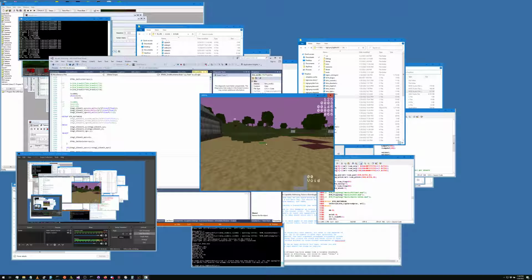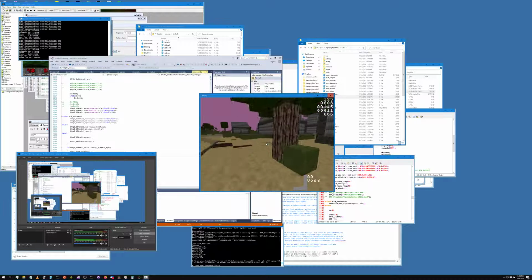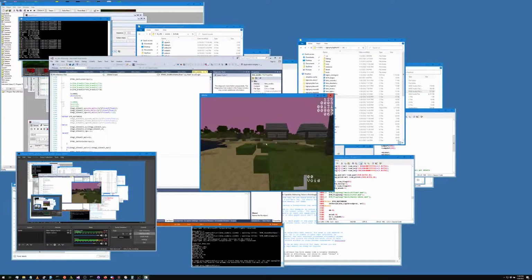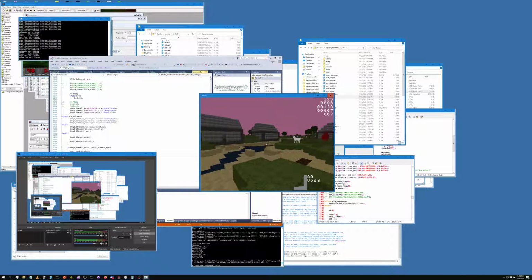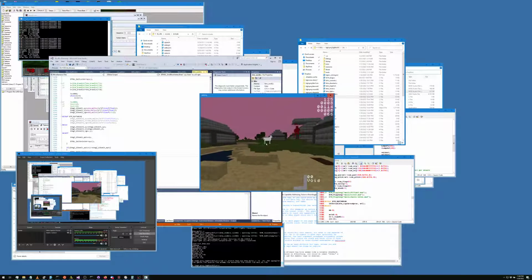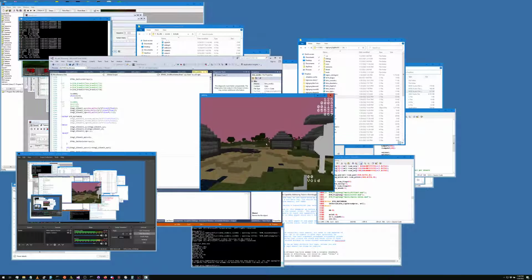Due to a technical limitation of the way things are currently implemented, there is a minor flash whenever crossing the world seam, but we'll probably fix that at some point.